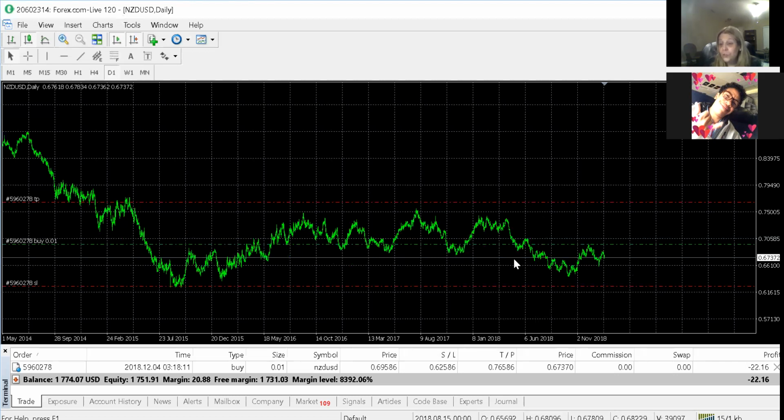When you find a pair that you want to trade, you do not want to enter a trade without it retesting. Don't enter without a retest, because it's going to tell you if it's a good place to enter or a bad place to enter. Now, you don't want it if it's breaking through and going the opposite direction, because that's a quick way to lose your balance. We don't want that.